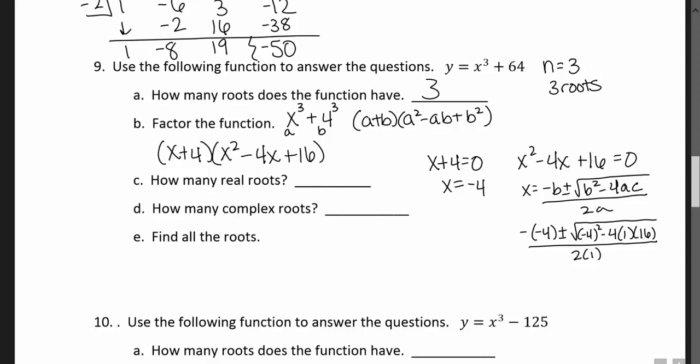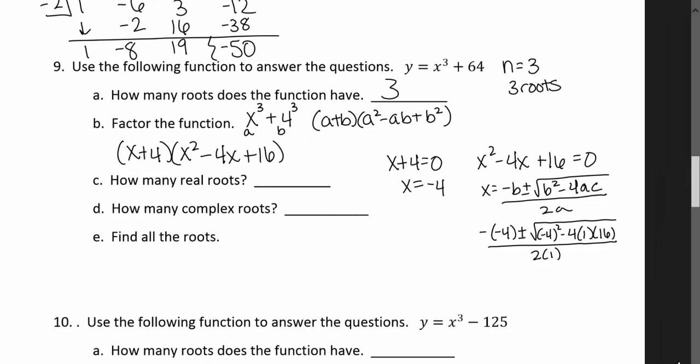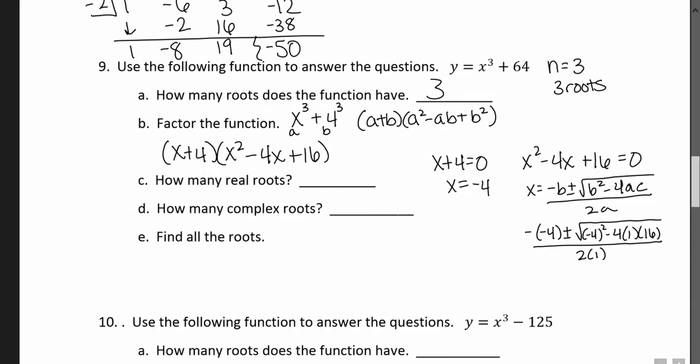All right, let's see if I can fit this all here. Okay, gonna have to try. This is 4 plus or minus the square root of 4 squared is 16, 4 times 16 is 64, all over 2. Well, 16 minus 64, that's going to be a negative number.